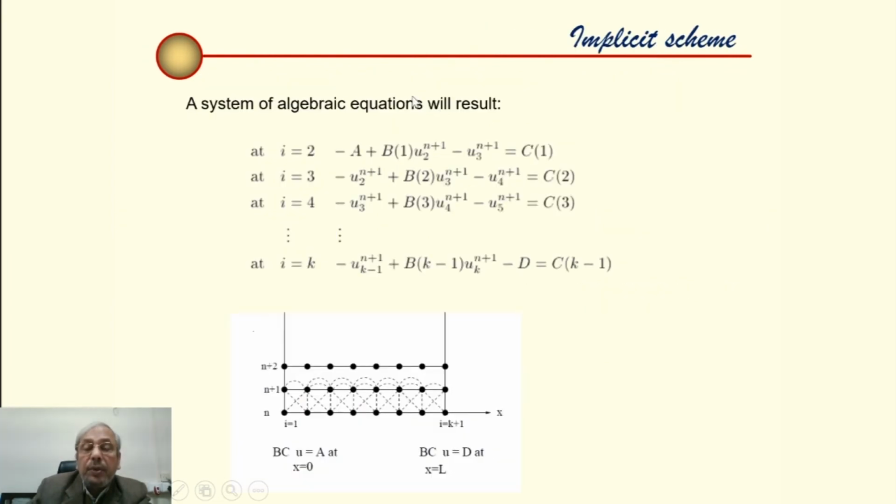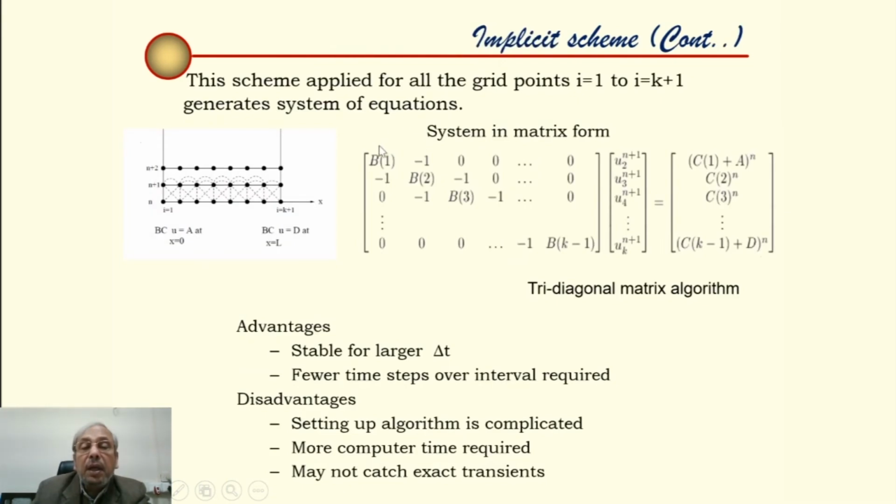Basically, if we look at it, we will see the principal diagonal is present, immediate subdiagonal elements are present, immediate superdiagonal elements are present, and this becomes the coefficient matrix into the unknown column equal to the known column matrix.